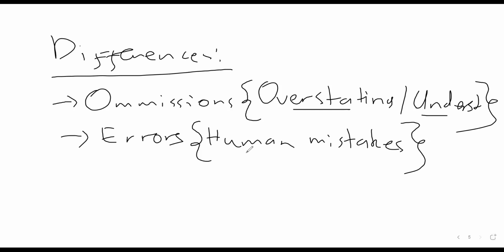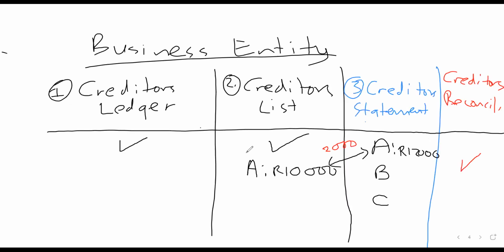Because the error can happen on our side. Maybe we missed something that the creditor had communicated to us, or maybe the creditor on their side missed or omitted something. That's why we could have differences like this. So think about it.